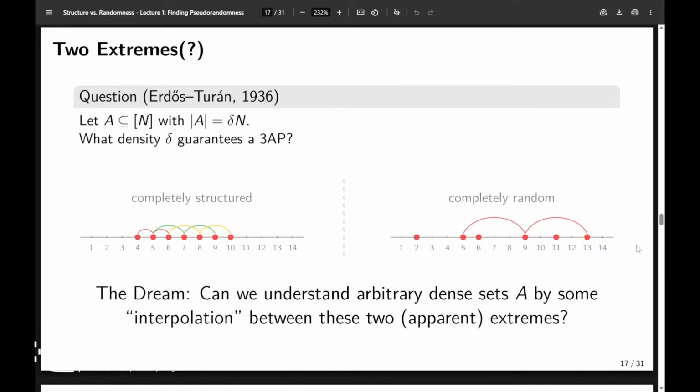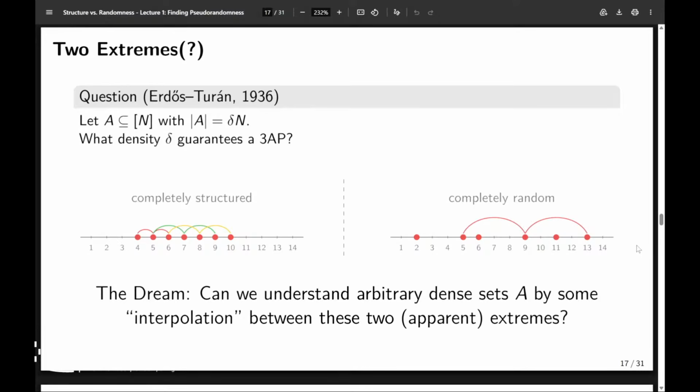A good example to keep in mind is just some interval somewhere. One way to justify that an interval is additively structured is that it's approximately closed under addition in the quantitative sense. It only grows by a factor of 2 instead of squaring in size like a general position set would.